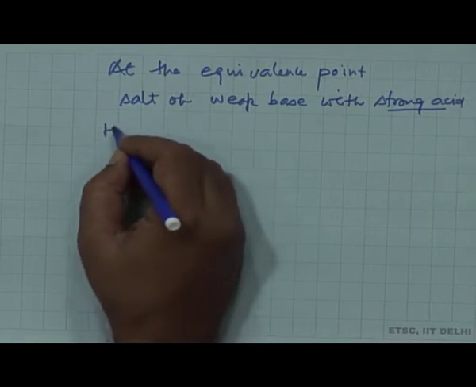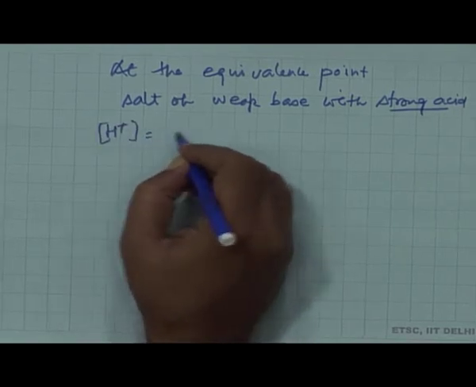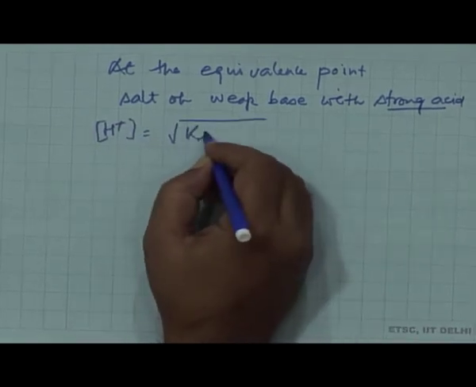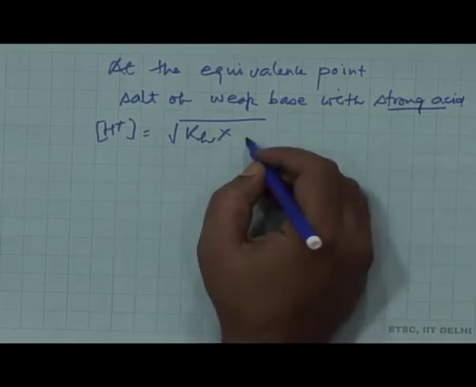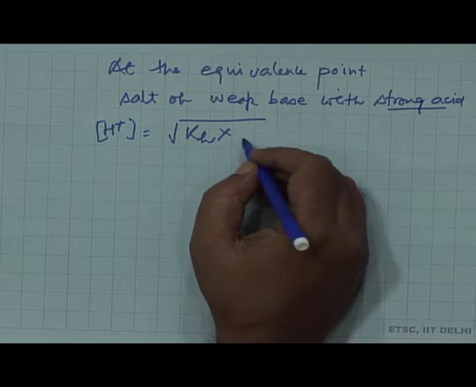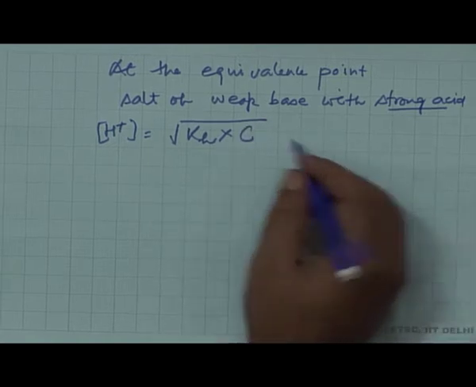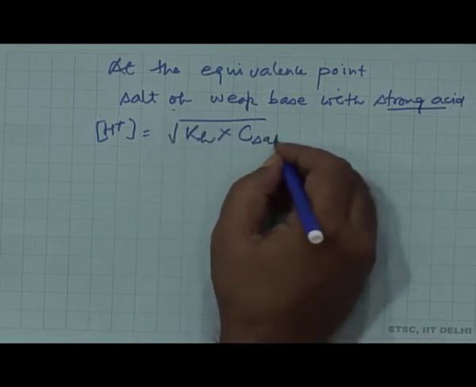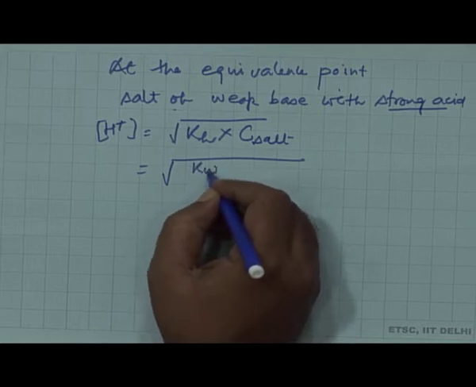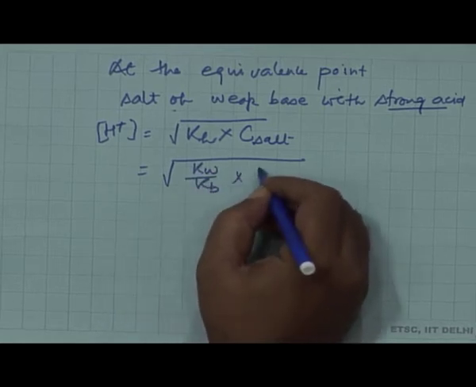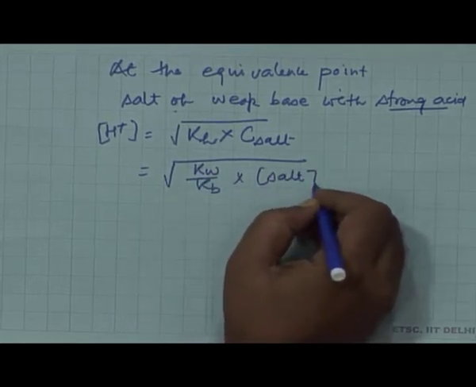So, you can calculate H plus ion concentration is equal to root of Kh, which is the hydrolysis constant, into C of salt, and Kh in this case will be given by Kw by Kb.